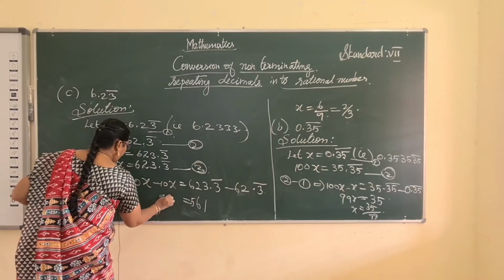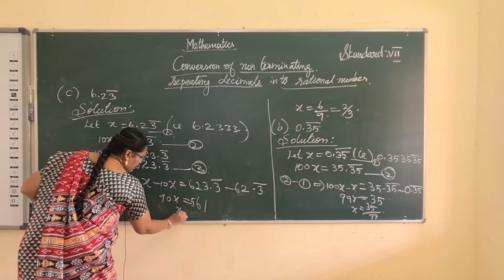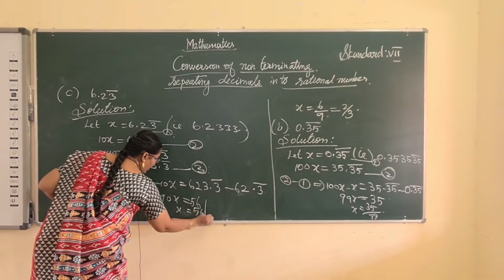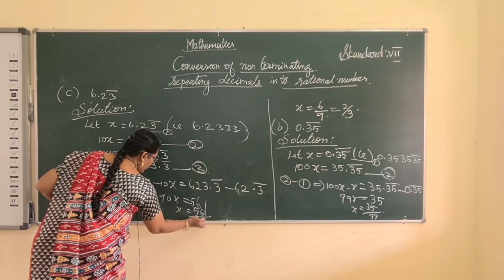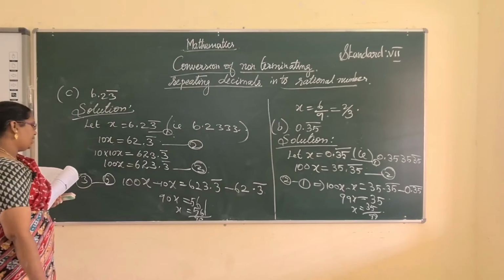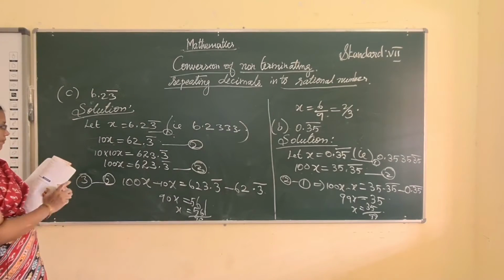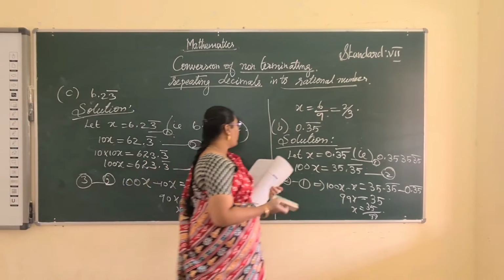Here 90x, so x equals 561 divided by 90. That is the answer. Next is problem D.